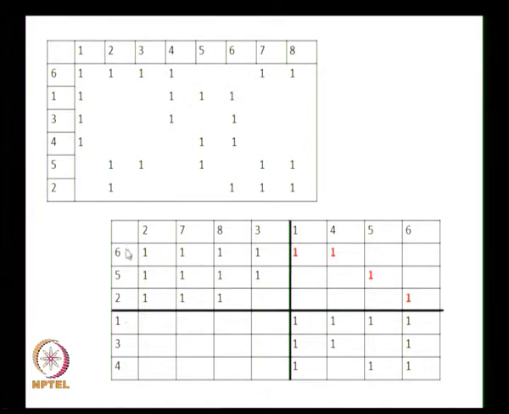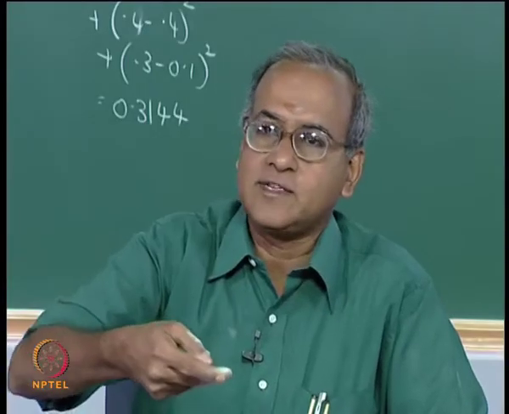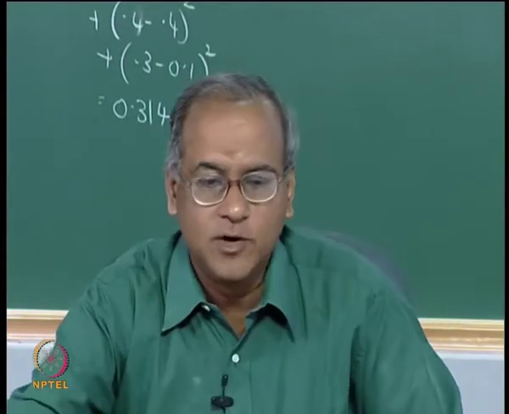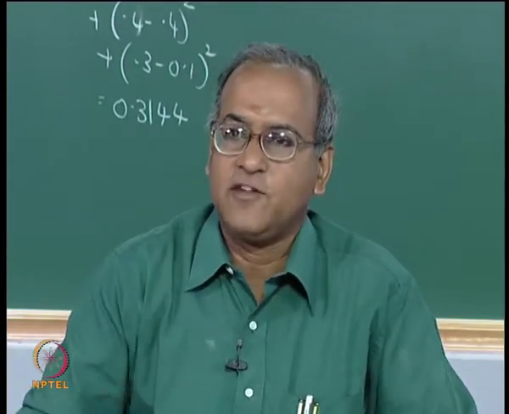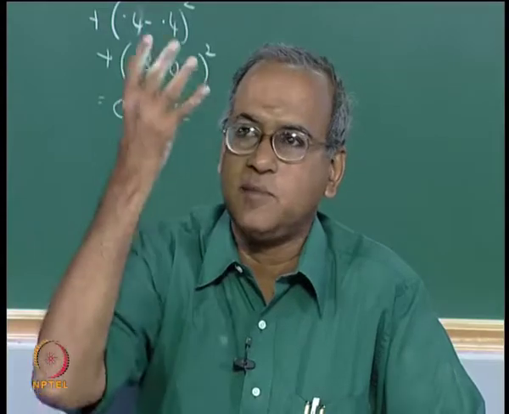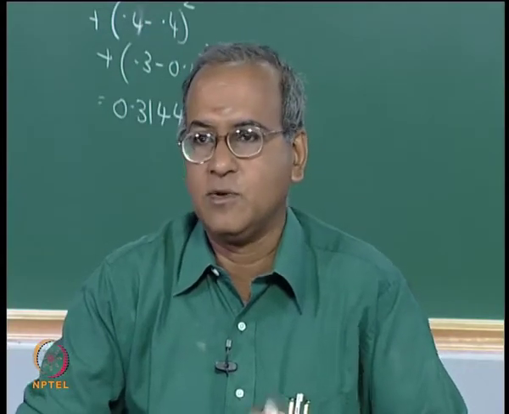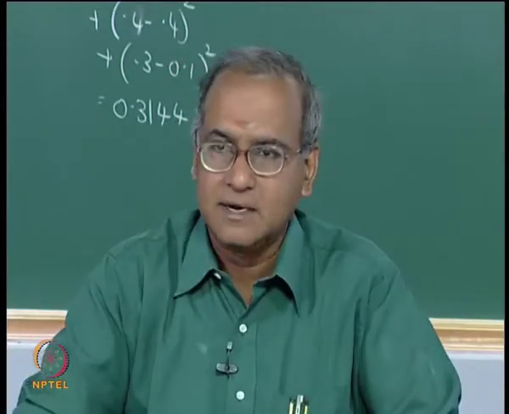So, this will have 3 machines, this will have 4 machines and there will be 2 intercell moves which will be on part 5 machine 5 and part 6 machine 2. So, 2 intercell moves can be cut down if we duplicate machine 6. In fact, this is the same idea that we used in production flow analysis when we looked at duplicating machine 6 and 8 in that example.